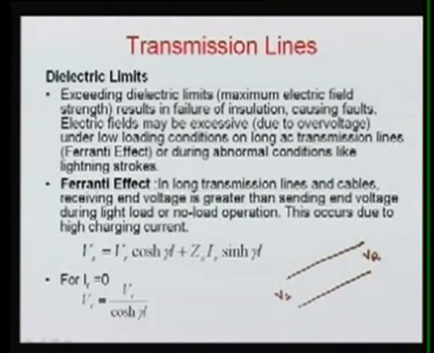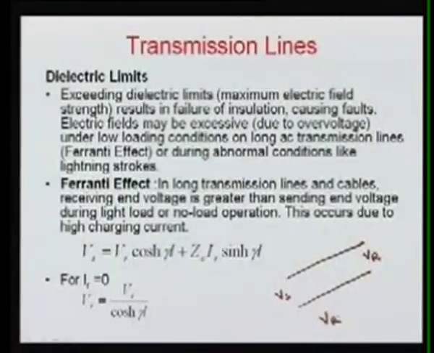During light load, meaning very little, negligible load, the magnitude of VR will be more than what you are supplying, and this is known as the Ferranti effect. Why is it so? This is due to the charging of the transmission line. This phenomenon is very prominent in long transmission lines where the charging is very high.